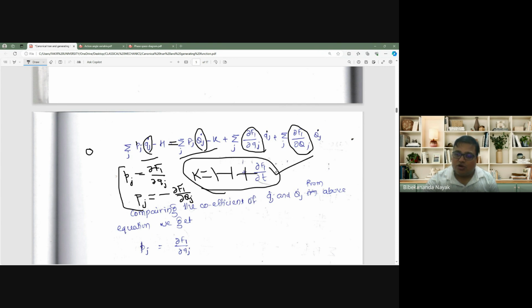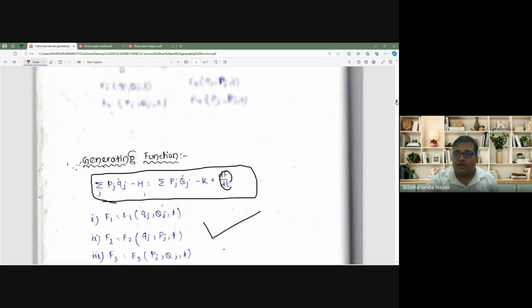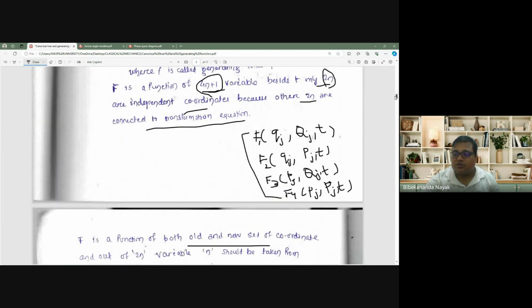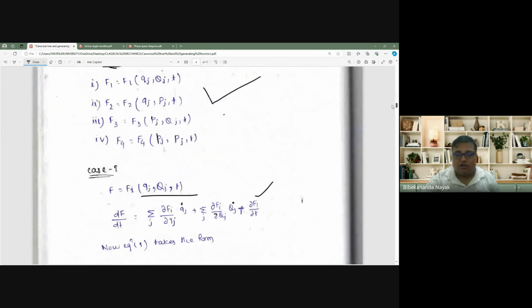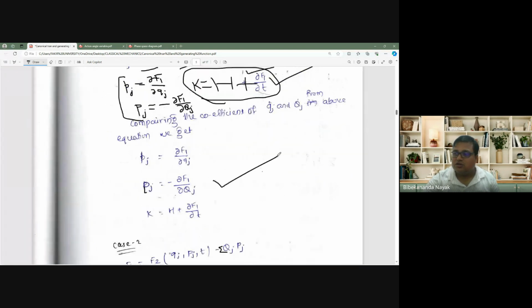This is true for all four types of generating function, F1, F2, F3, F4. But the other two formulas vary. Our second one is a function of small q and capital P, so here the unknowns are small p and capital Q. This is another formula. These are the formulas we got.